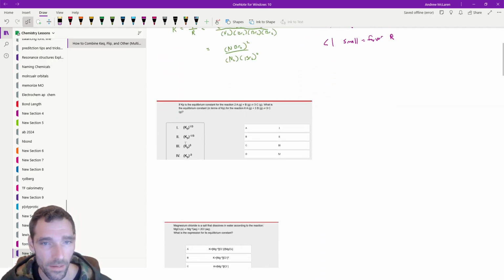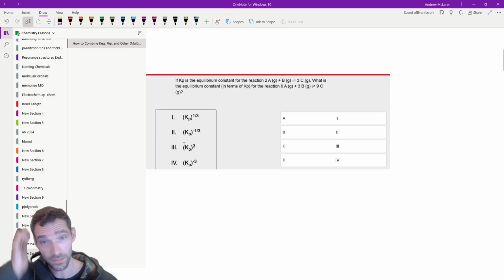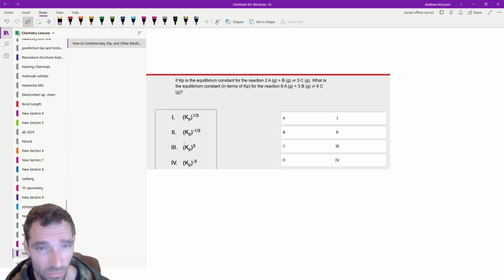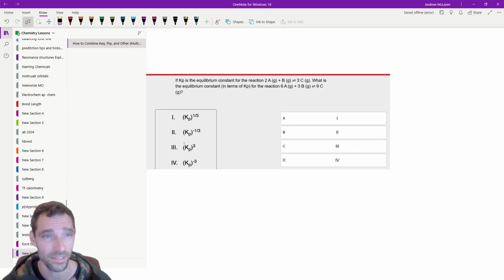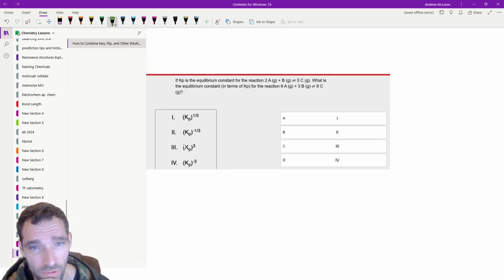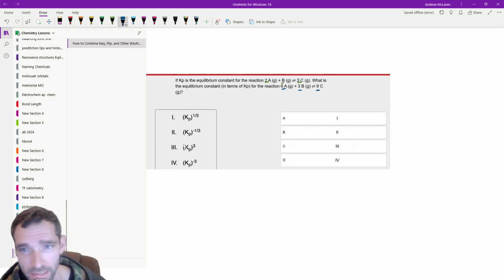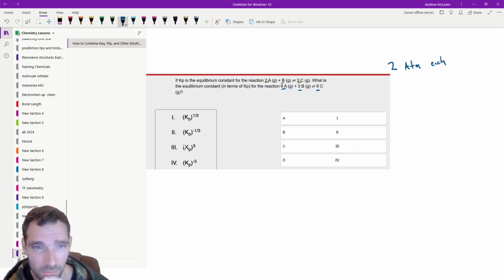So a really common thing for them to do is have you look at some K expression where you've changed the number of coefficients in there. So we've got this reaction with 2, 1, and 3 compared to 6, 3, and 9. And I'm just going to pretend that you've got 2 atmospheres for each, and see what the math would look like.